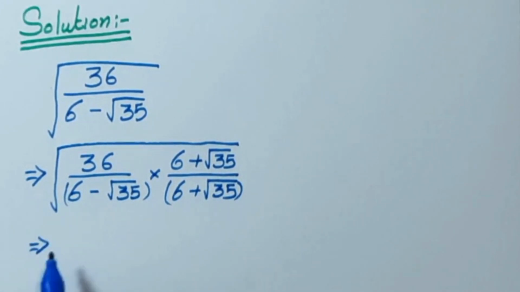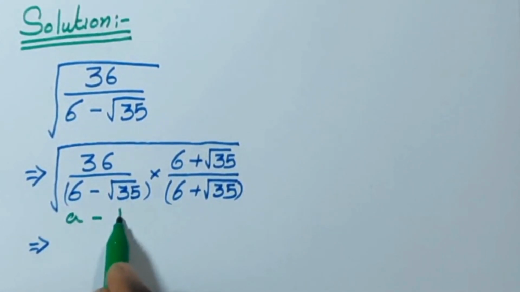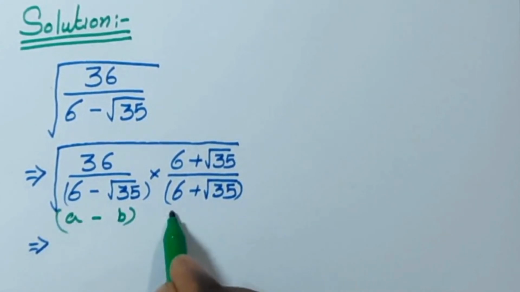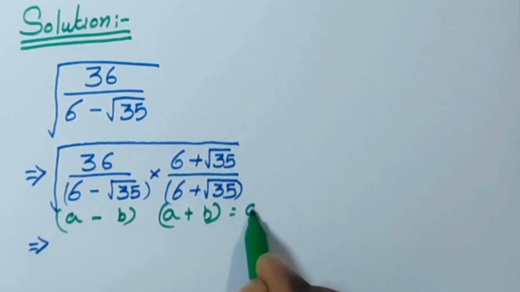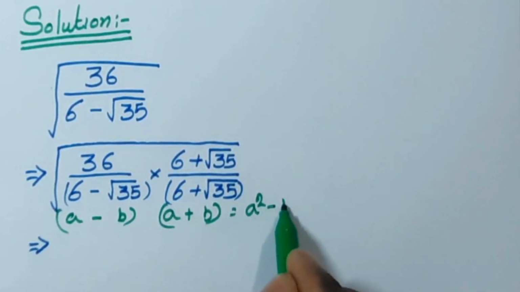Now (a minus b)(a plus b) equals a square minus b square.